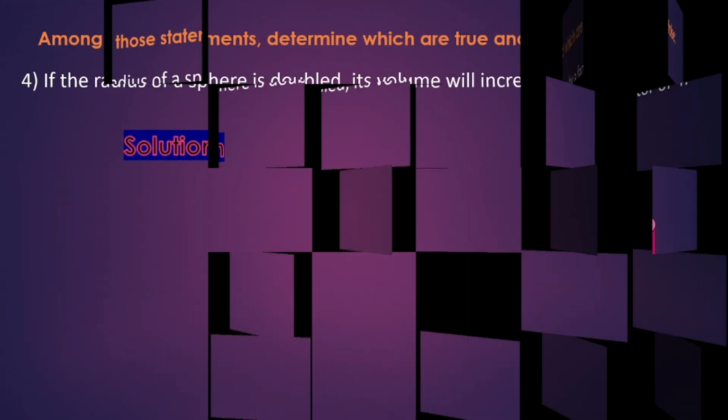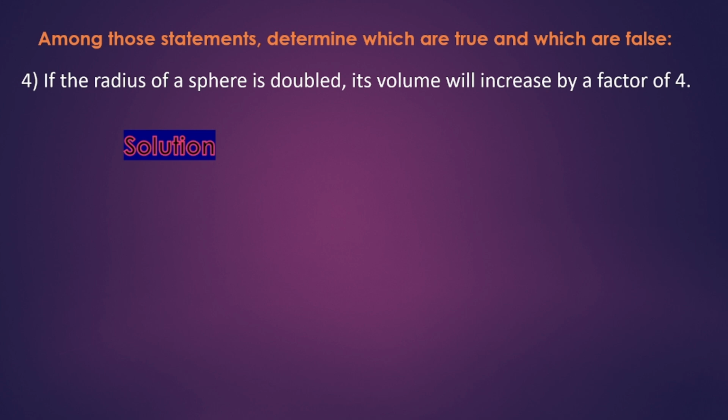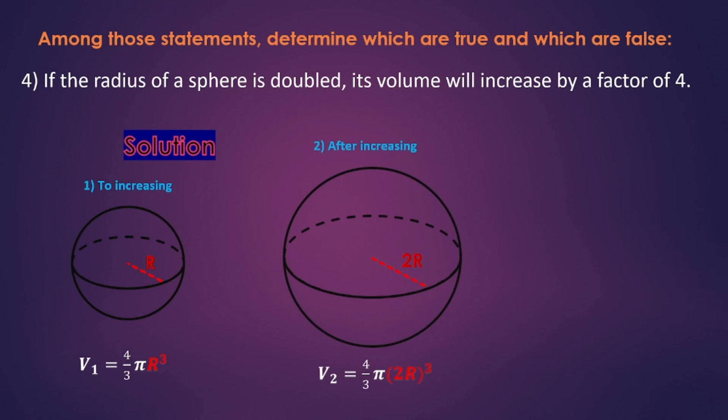Statement 4. If the radius of a sphere is doubled, its volume will increase by a factor of 4. So, I draw 2 pictures. In the first picture, I depict the sphere before enlargement. That is, before enlargement, the volume of the sphere is 4/3 pi r cubed, and after enlargement, when we increase the radius by 2 times, the volume of the enlarged sphere will be 4/3 pi (2r) cubed.